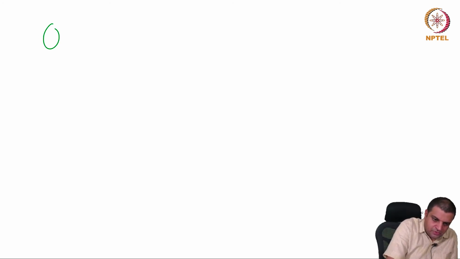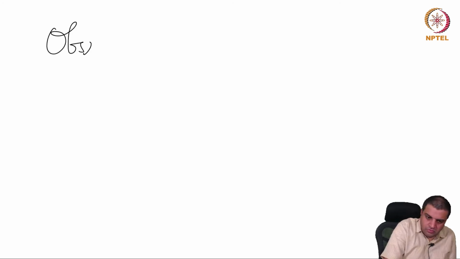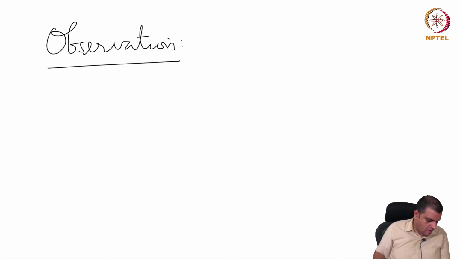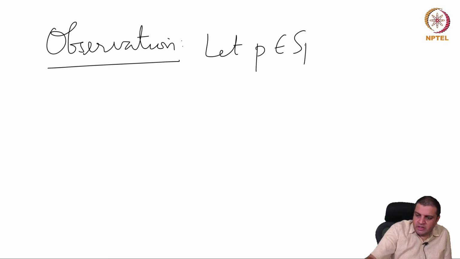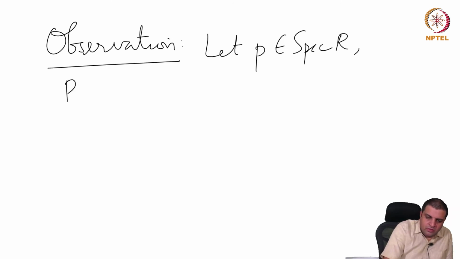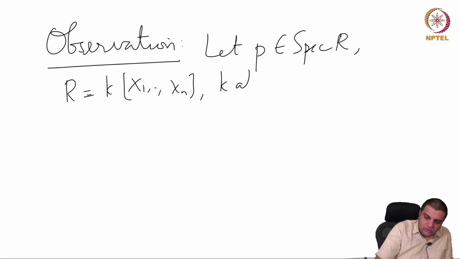Observation: let P be a prime in R, where R is a polynomial ring in n variables and K is algebraically closed.